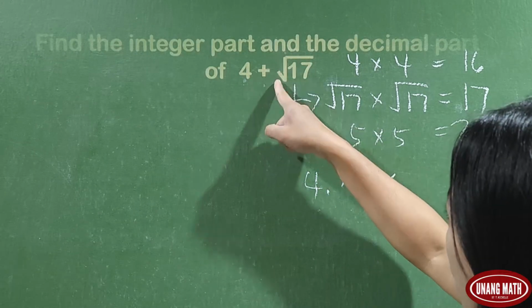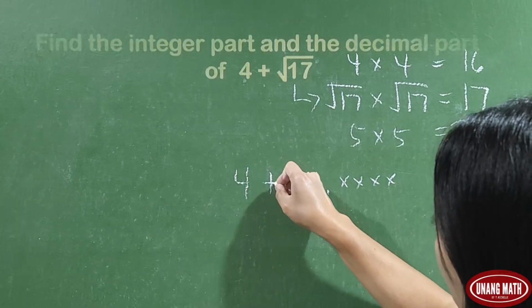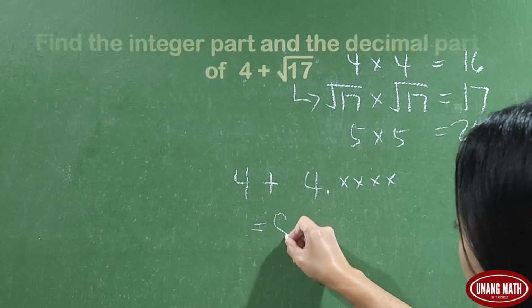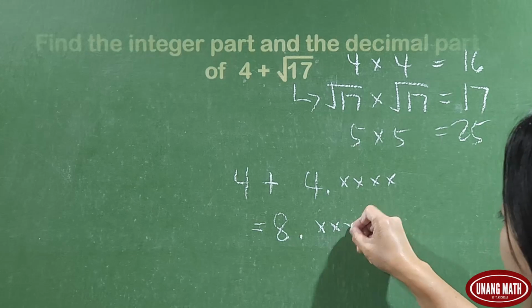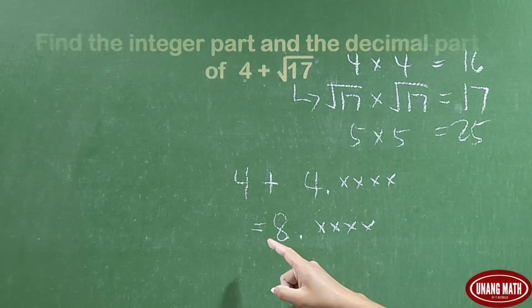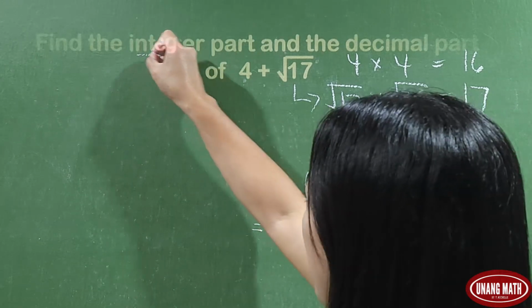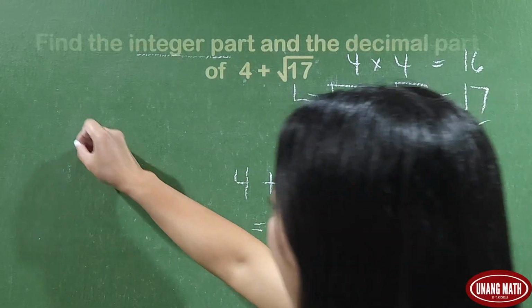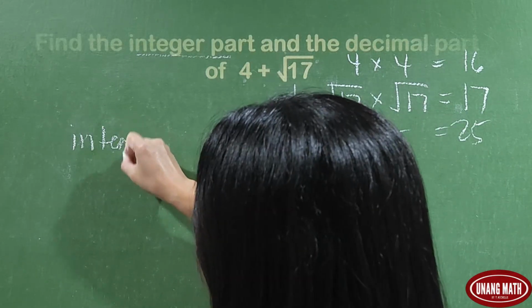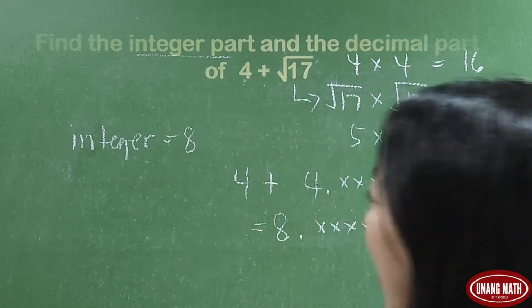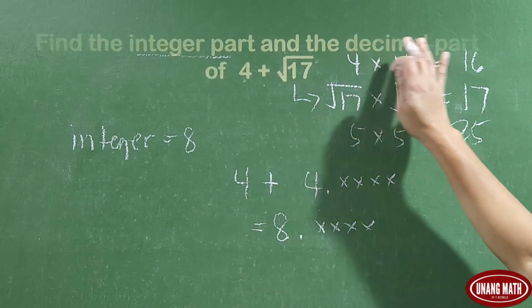Okay, 4 plus the square root of 17, or 4 plus 4 point something, then this is equal to 8 point something. So it means the integer part of this number is 8. How about the decimal part?